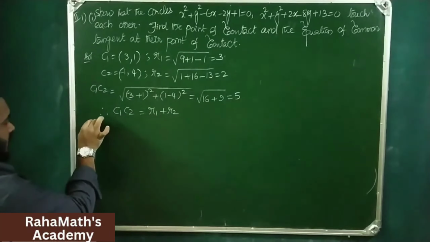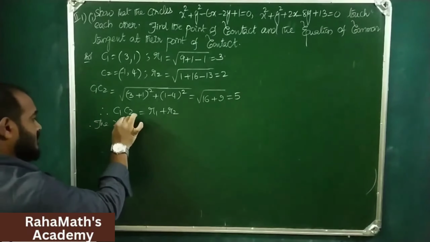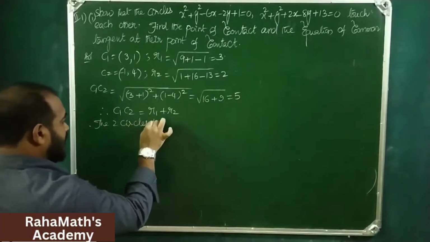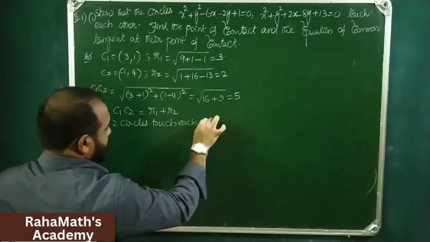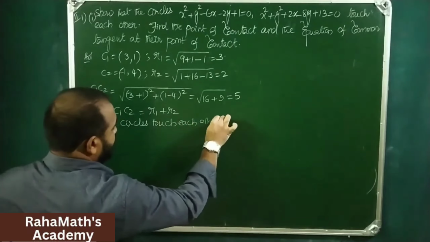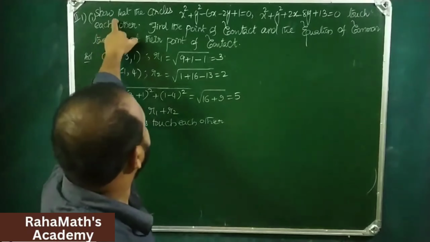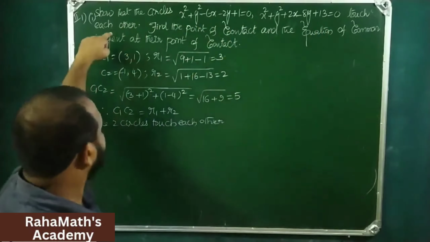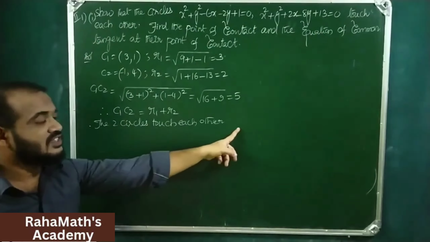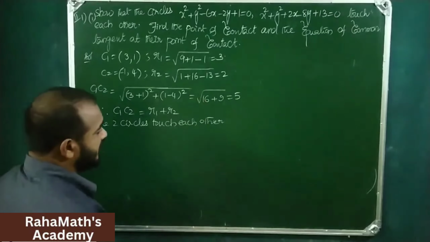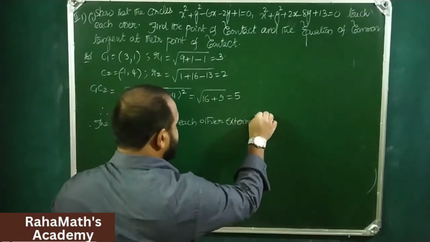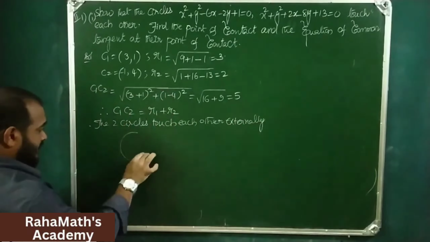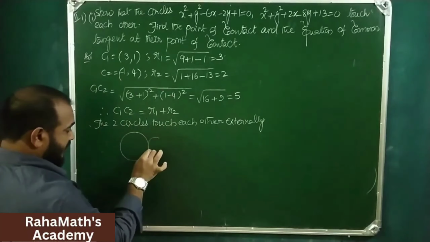Therefore, the two circles touch each other, which is what he is asking us to prove. Show that the circles touch each other. So, therefore, the two circles touch each other. To be more specific, they touch each other externally. That means one circle is this and another circle is this.